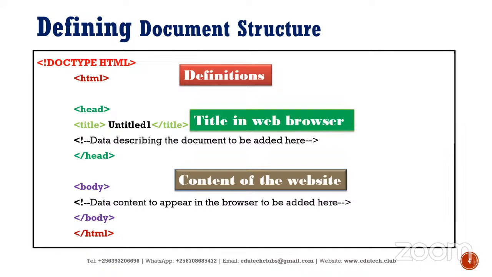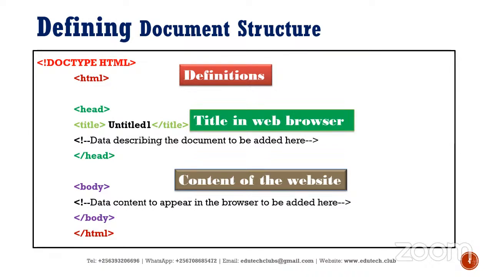And then you write the doctype, HTML, that's the tag you open, then the HTML, that part is the definitions. Then this middle part is the title in the web browser. And then the content of the website is put here where you see body.